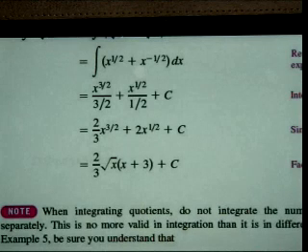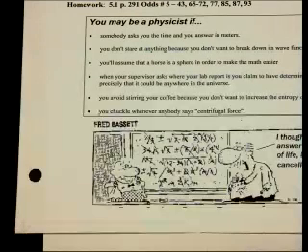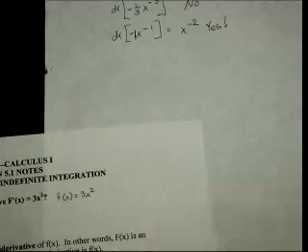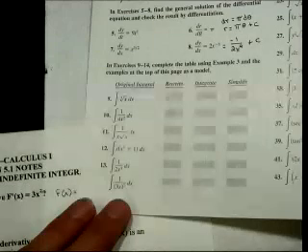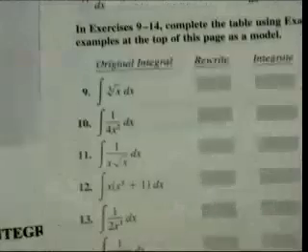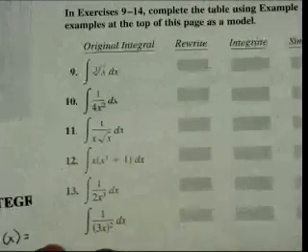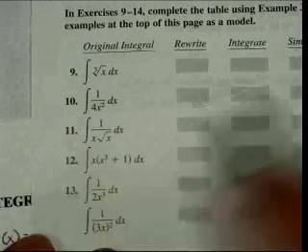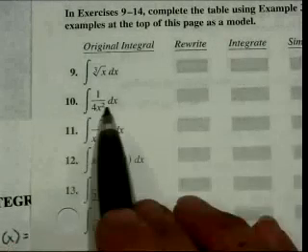All right, let's jump in the book. 9 through 13. It's just like example 2, we're going to rewrite before we integrate. So I'm not even going to write these first ones down.